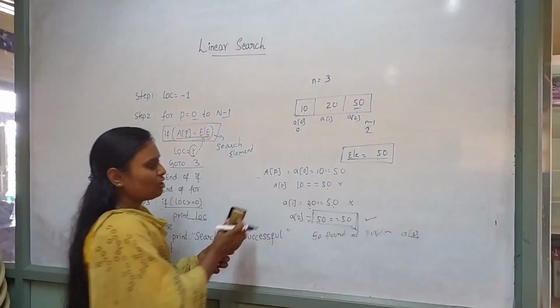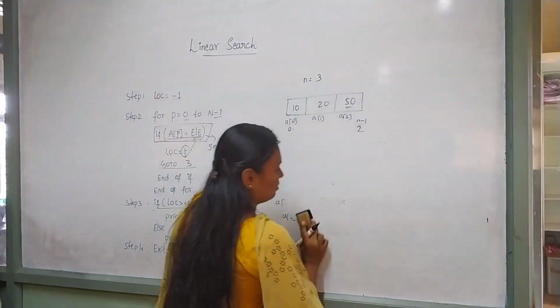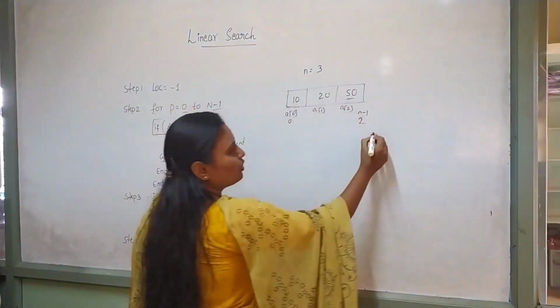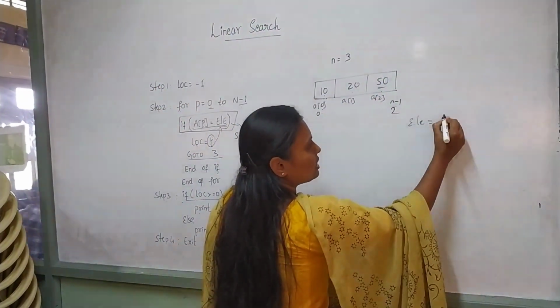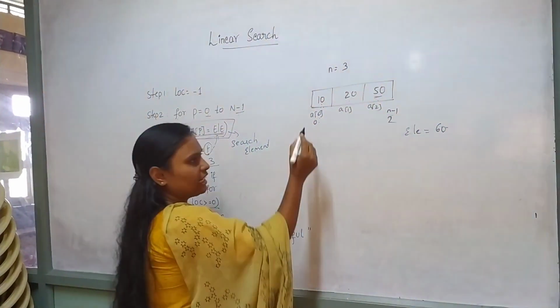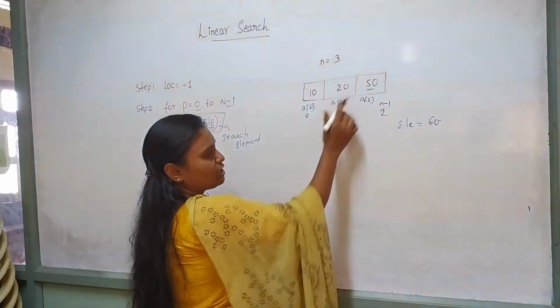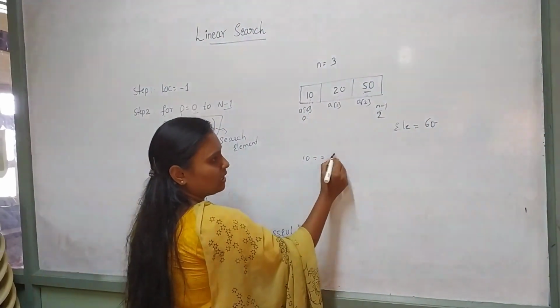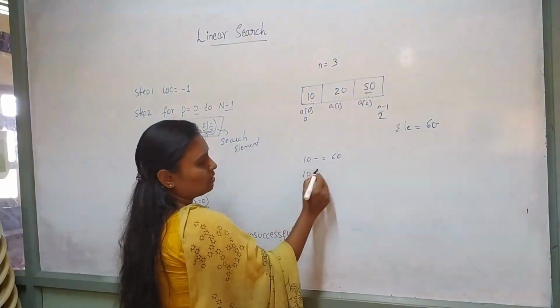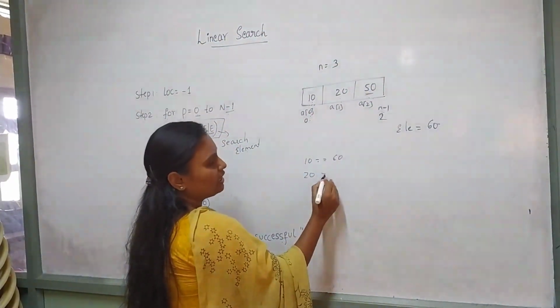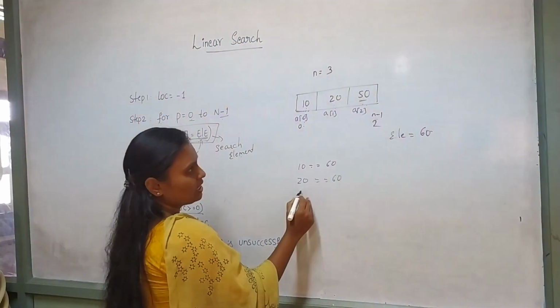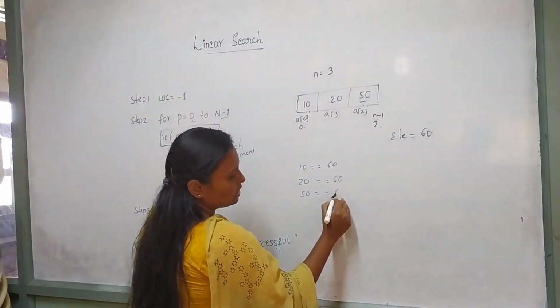If the element is not found, how does it work? Let's see. Now we are searching for the element 60. Again it starts from 10, next 20, next 50. There is no match: 10 does not match 60, 20 does not match 60, and 50 does not match 60.